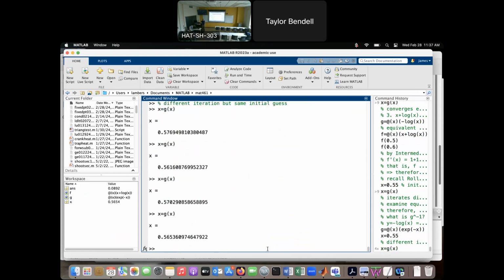All right, at least we're staying in the interval. The iterates appear to be getting closer to each other. Yes, it's definitely converging now. A bit slow, but it is getting there. So where one failed, the other succeeded.